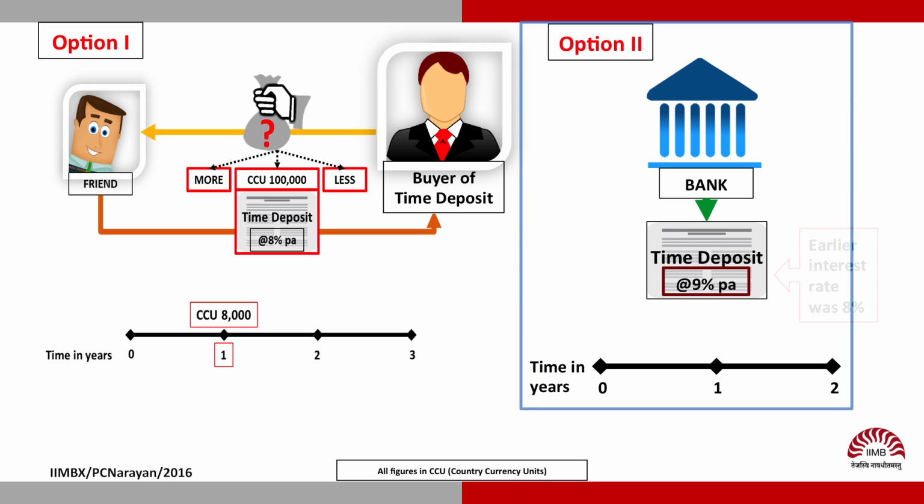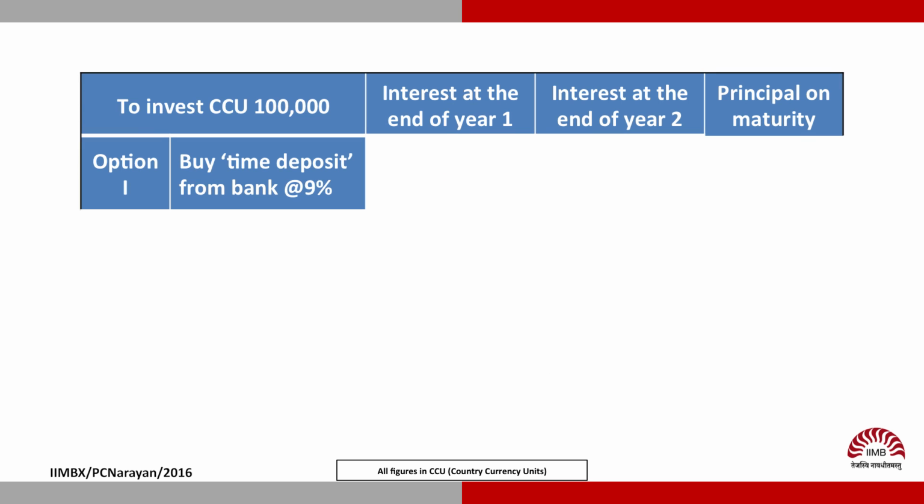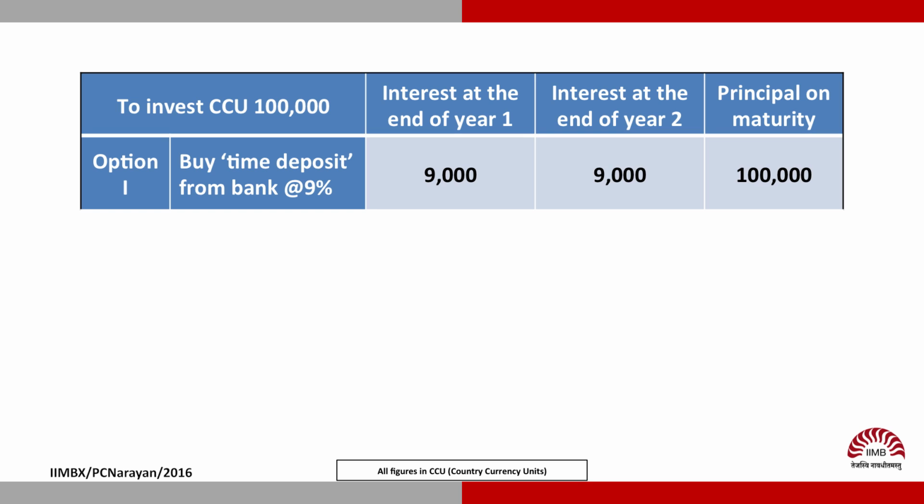Hence, if you decide to put your 100,000 currency units in that bank as a time deposit now for a period of 2 years at 9% interest per annum, you will receive 2 interest payments from the bank of 9,000 currency units, one at the end of each year, and the principal amount of 100,000 currency units on maturity.